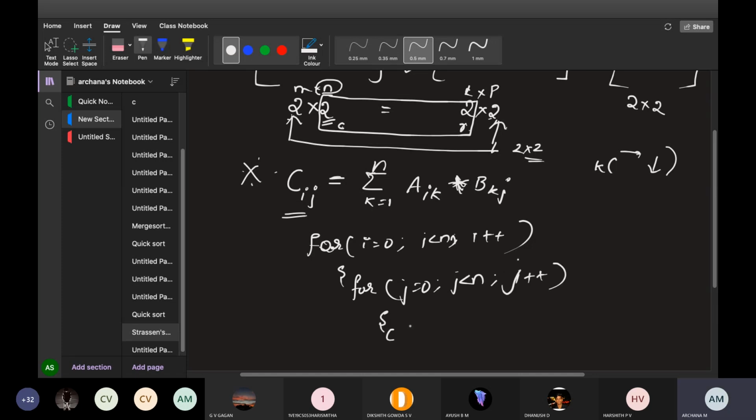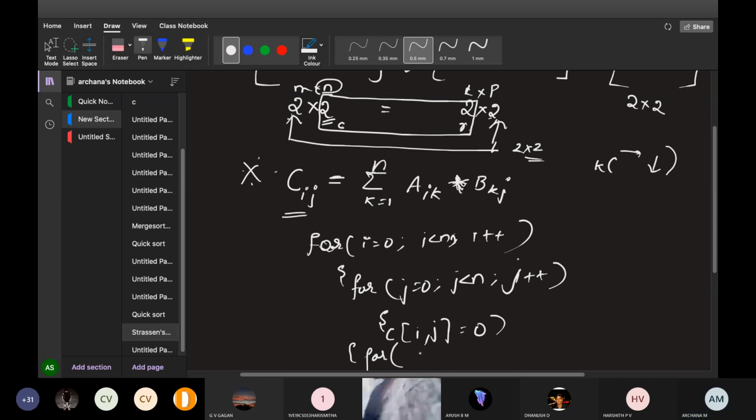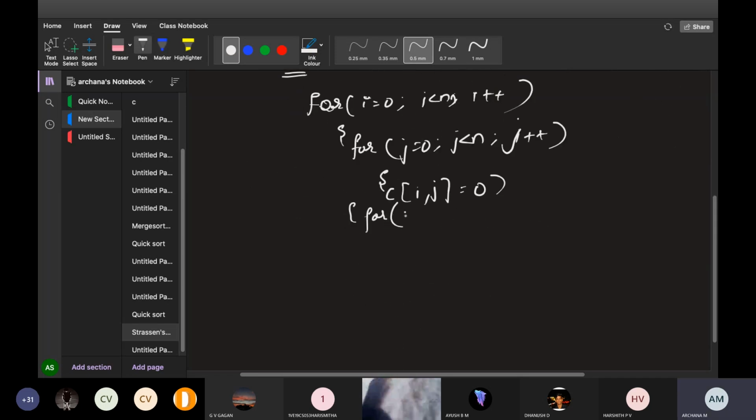Then we will initialize C of I comma j equals 0. Then I will write one more for statement, for k equals 0, k less than n, k plus plus.